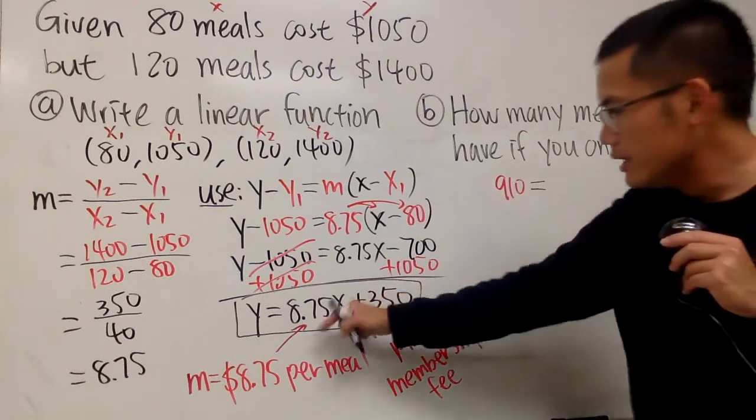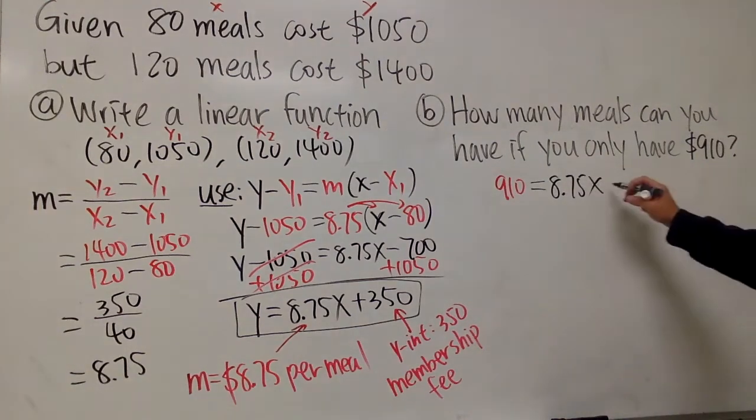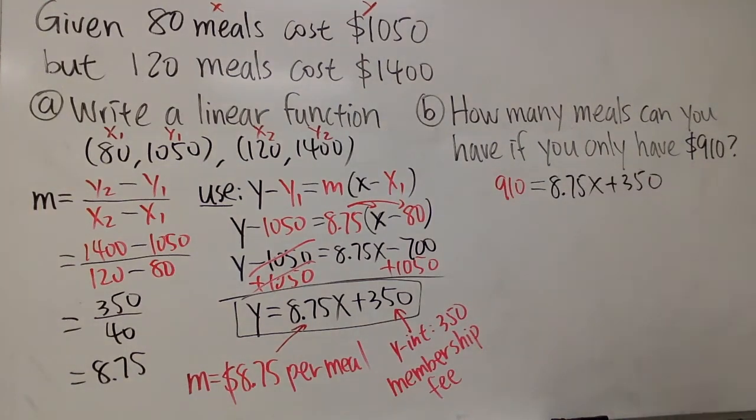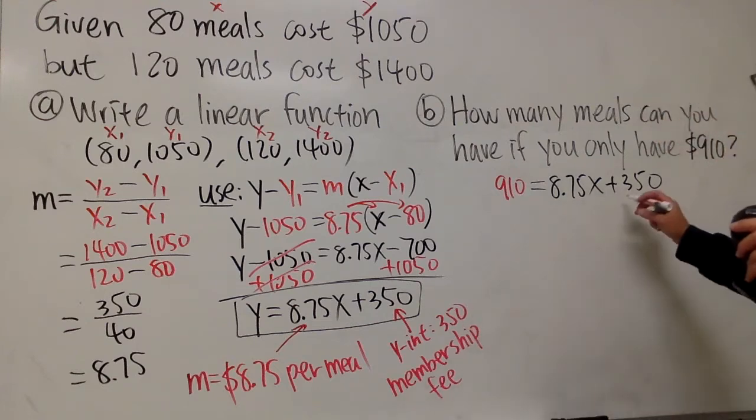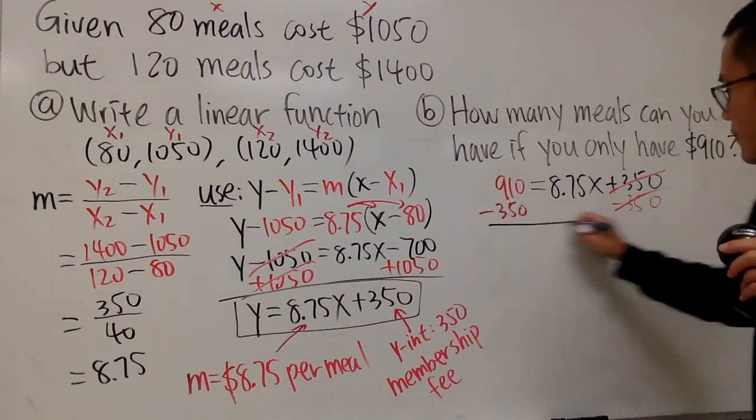That's equal to 8.75x, and then plus 350. And then we'll just continue. Let's go ahead, minus 350, so they cancel, and then minus 350 on the other side.